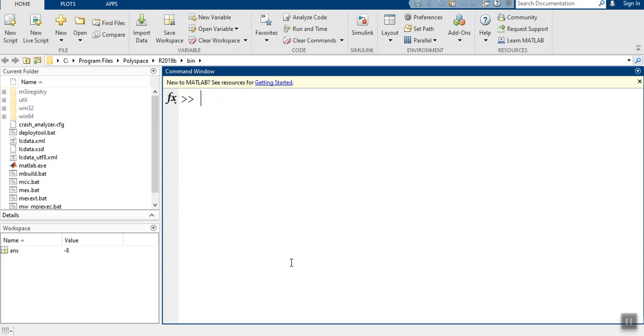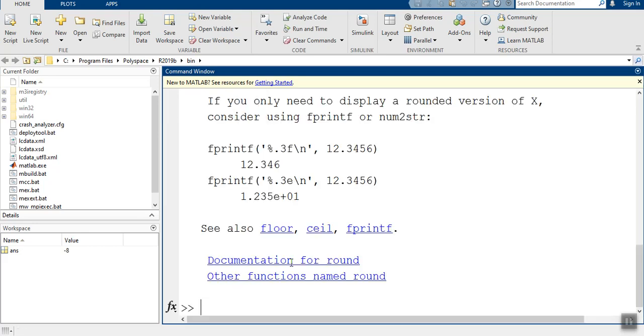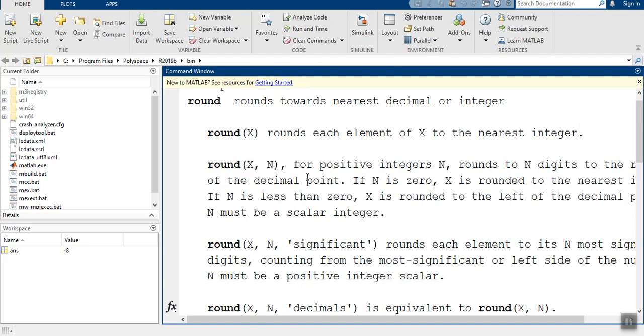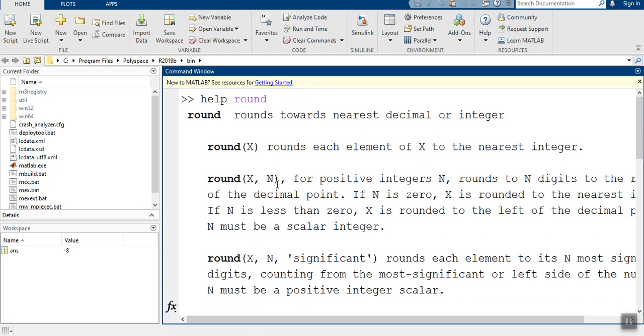CLC, help, just for understanding I will write round, help. So the syntax is round x comma n. N is a positive integer, rounding to n digits. How many digits? Very simple.